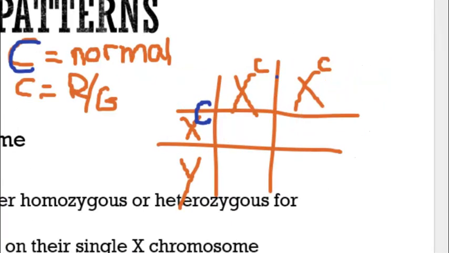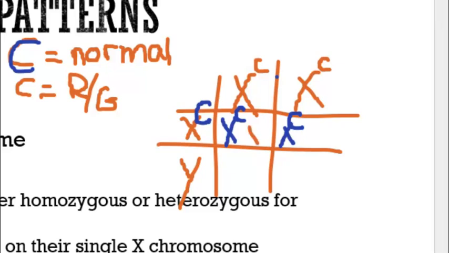Oh no, went in here. Okay, so we got X with our big C. That's going to be here. We got X with our big C here. And then let me go back to my regular color.